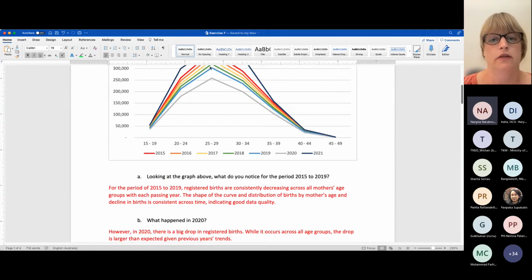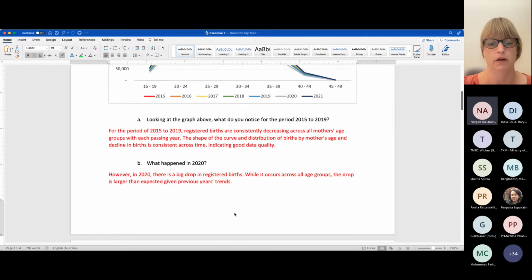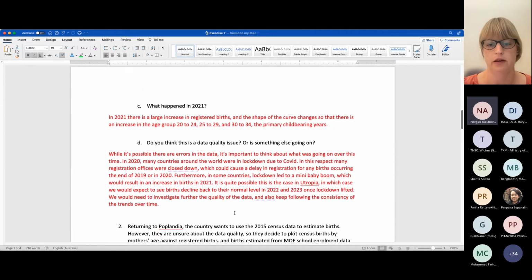So everything was kind of decreasing, and we would expect to see 2022, 2023 somewhere in here. We wouldn't expect the baby boom to continue. And if our data going forward matches that pattern, then we would feel fairly confident about its accuracy in using it for analysis.